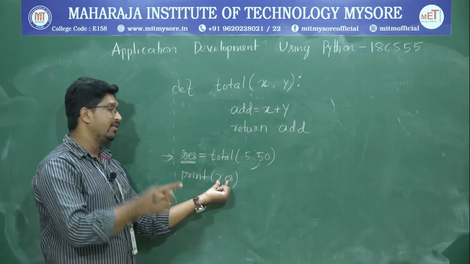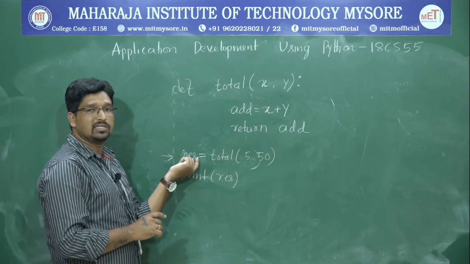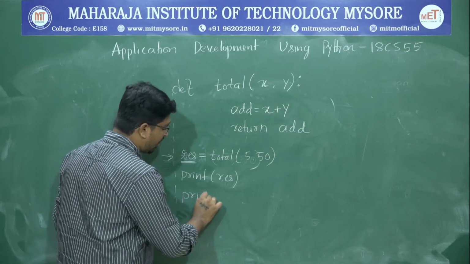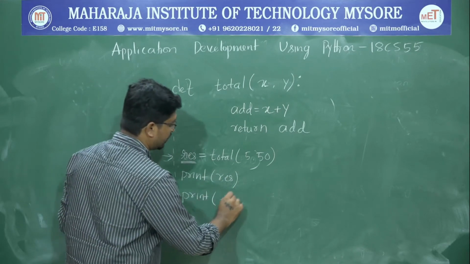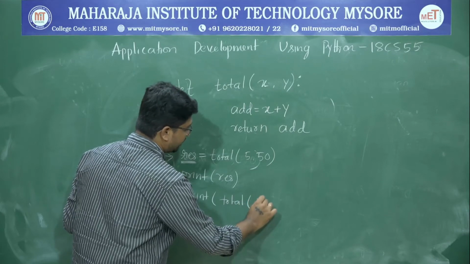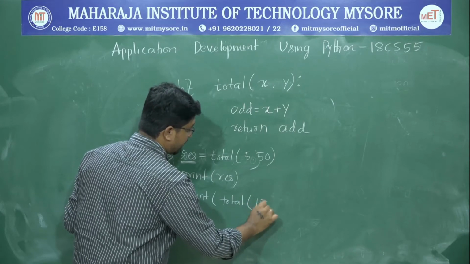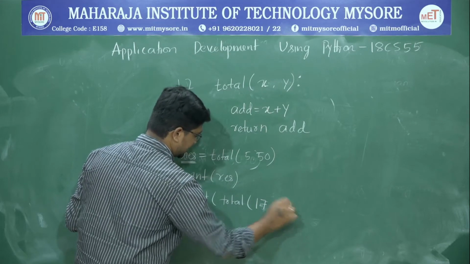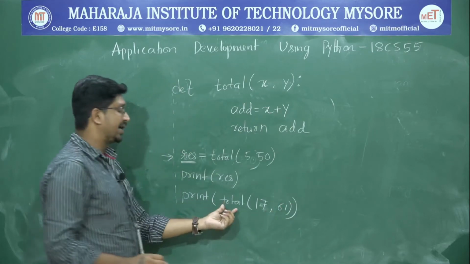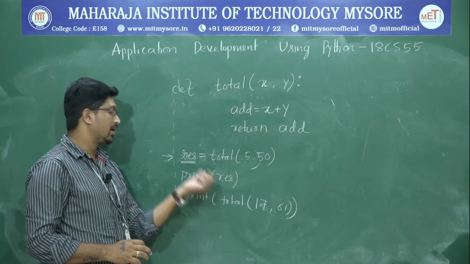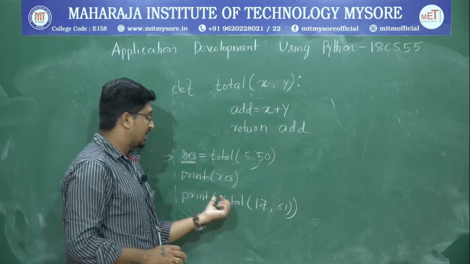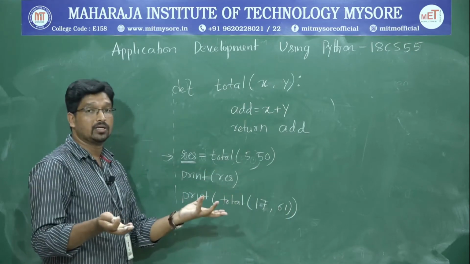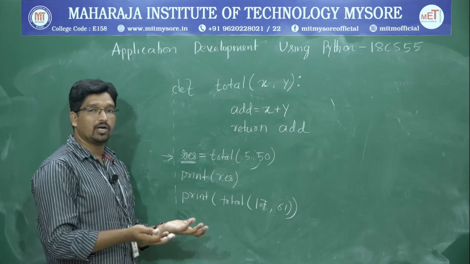Understood? The other way, if I don't want to take this receiver variable or extra variable, then you can directly write along with the print statement, print of total of, let us say 17 comma 61. So I am calling the function directly. I don't have any receiver variable. Here I have two functions, correct?